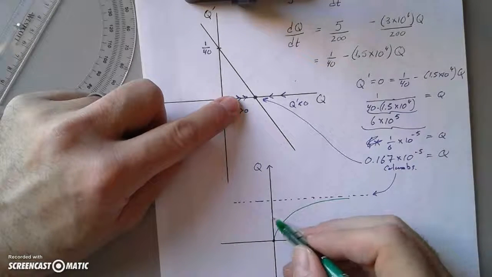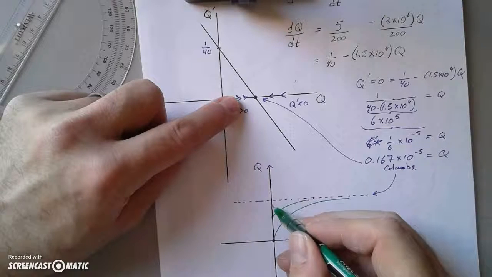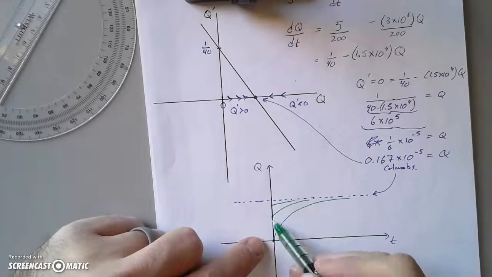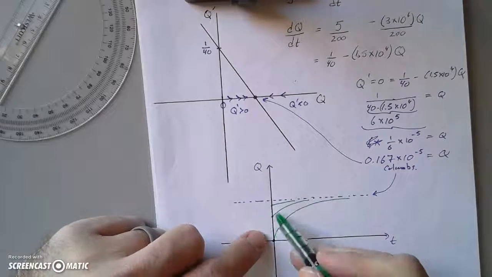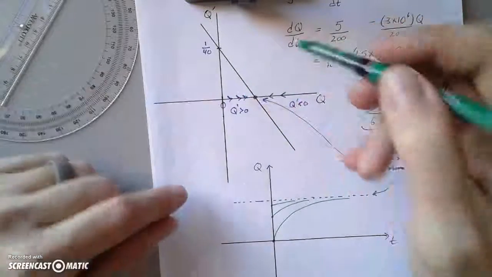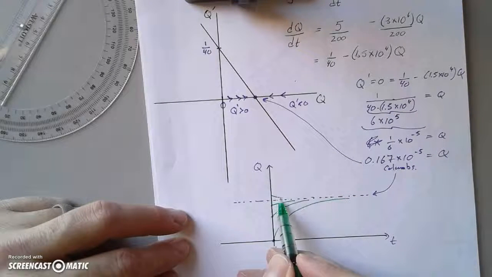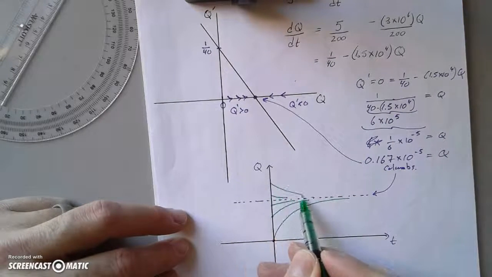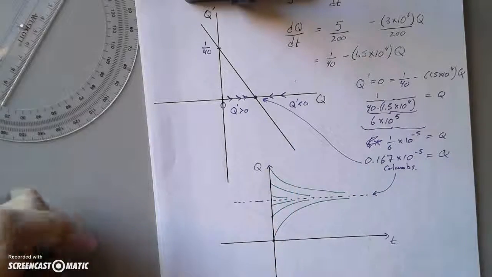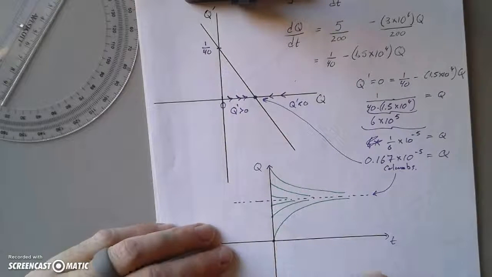If you started halfway, you'd have a more shallow approach. If you start very close, it's even more shallow. So that initial rate of change, that initial slope, I'm getting by this distance here. And it's the same on the other side. So there's a symmetry to these solutions, because the line has constant slope. So there's a bunch of solutions for different values of Q.